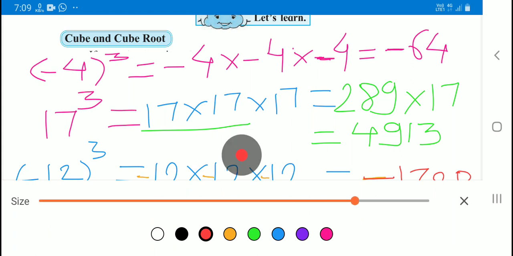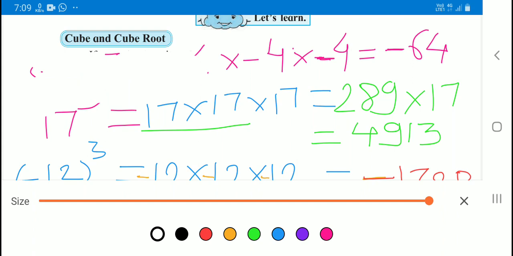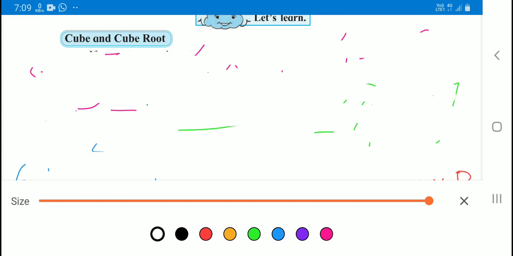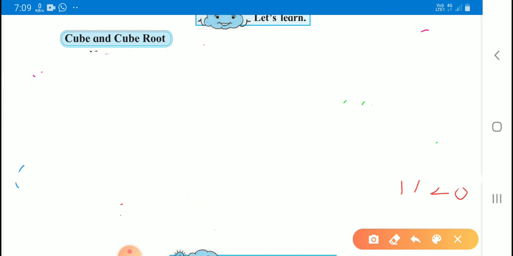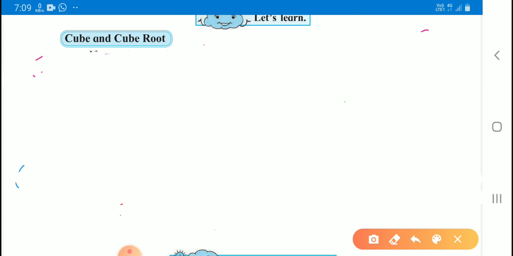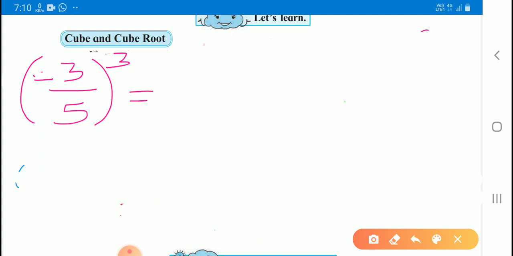Okay, now we will make space again to solve some more examples. Now I will take examples in fraction form, which we write in the form of numerator and denominator. You have to find the cube of negative 3 upon 5, bracket cube. Just find the cube of negative 3 upon 5.